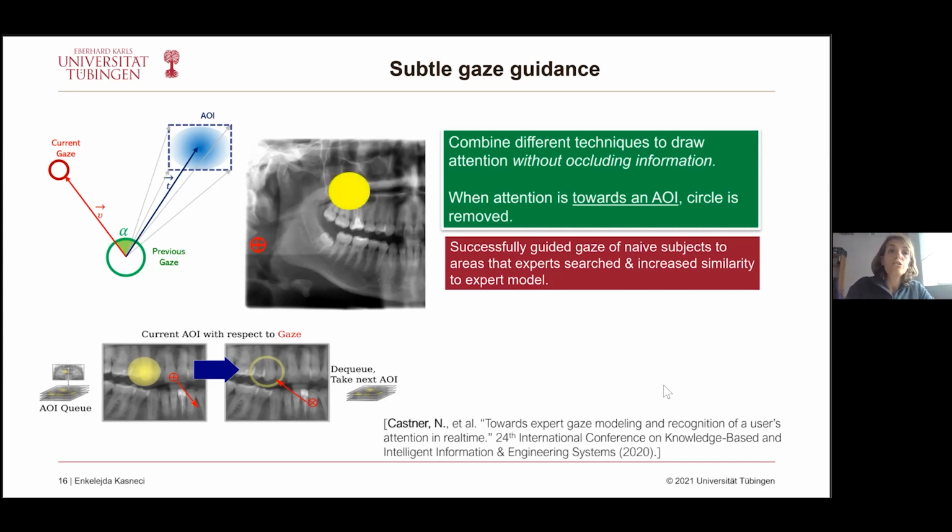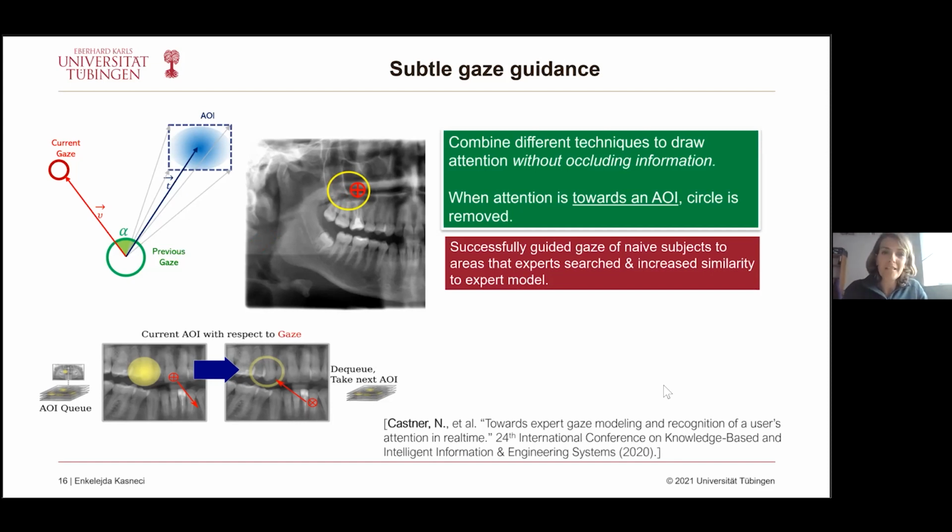Rather, we do it gaze dependent. We look at where a person is looking, what their visual search behavior is, and then we guide the gaze. We present a stimulus, and the moment the person moves their attention toward the stimulus region, this highlighting will be removed.